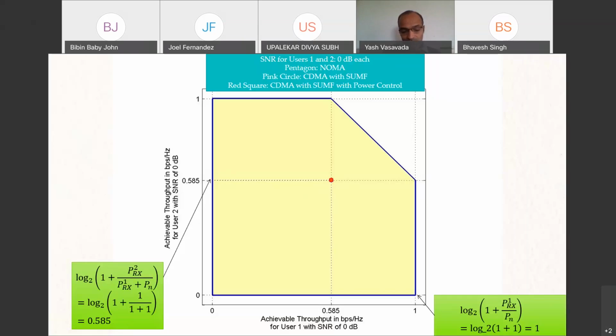Suppose the base station decides to decode user 1 first and then user 2, where will the system operate in this diagram?